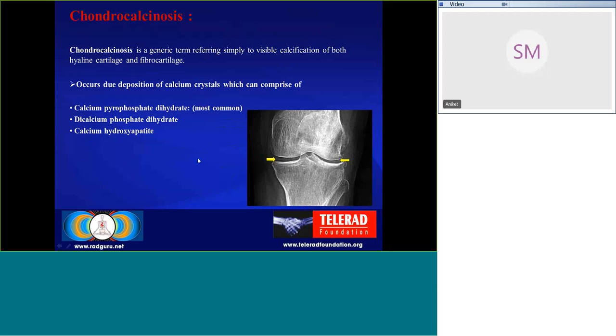Come to chondrocalcinosis. It is a generic term referring simply to visible calcification of both hyaline and fibrocartilage. It basically occurs due to calcium crystal deposition, deposition of calcium salts within the menisci, causing calcification.